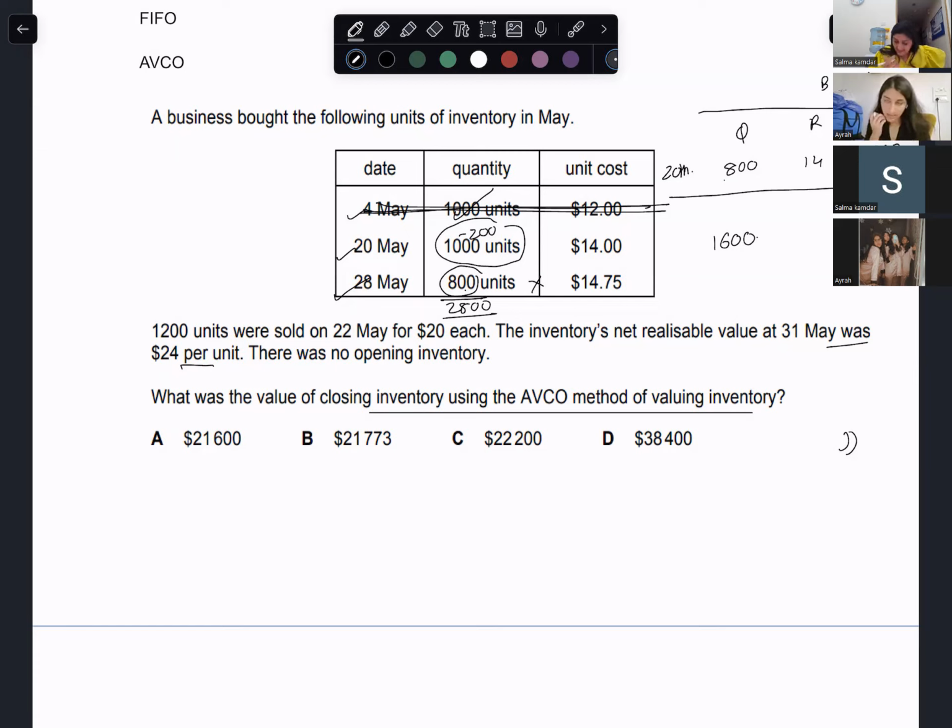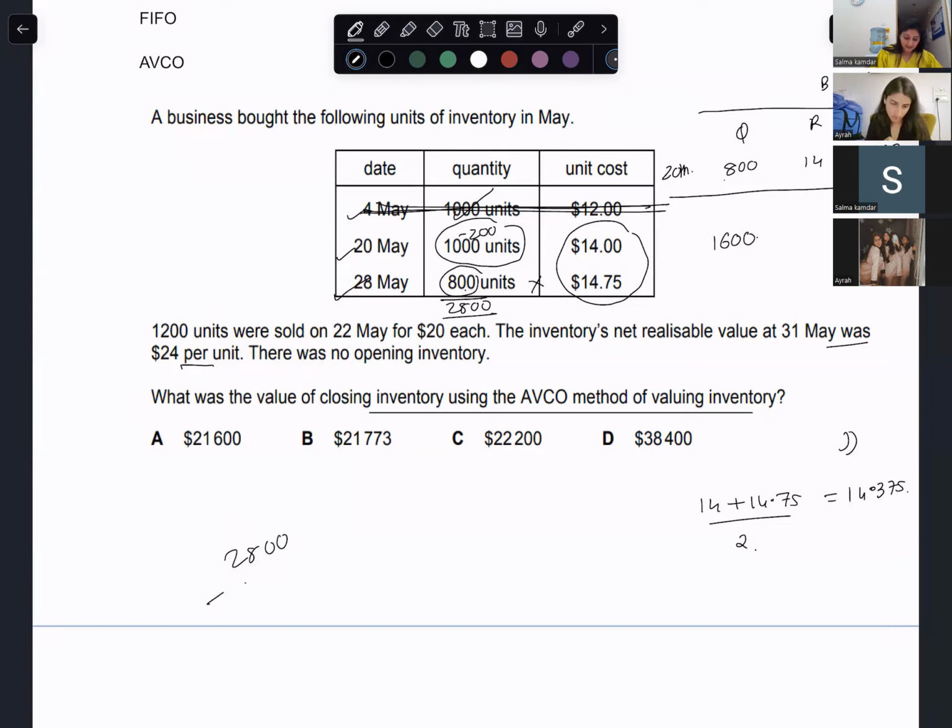So basically, can I say the average rate would be 14 plus 14.75 divided by 2? So the average rate is 14.375. But we don't need to find the average rate now. We want to find AVCO.